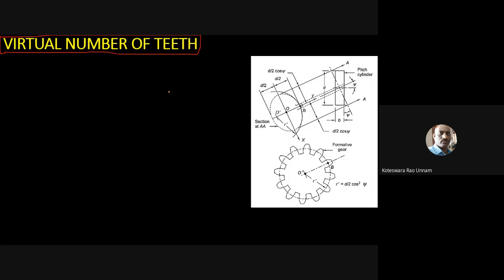That's why we call it virtual. The actual gear will consist of only, let us say, 10, but if I convert that into an equivalent spur gear, the number of teeth is going to be some value like 11.7 or 11.5 or something like that. So the actual teeth are 11, but they are converted into a virtual number. They are a little bit more.